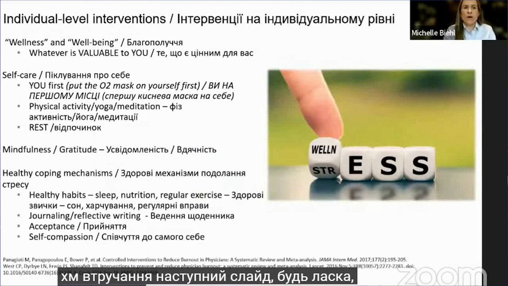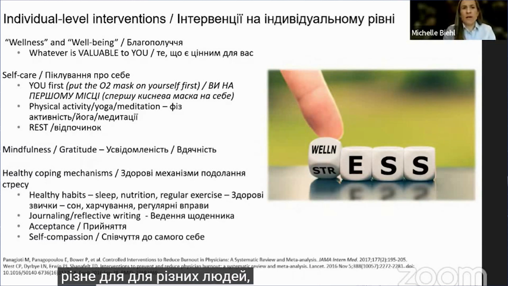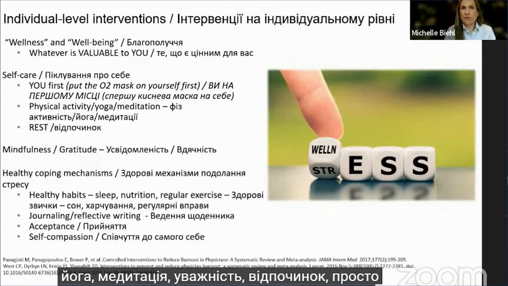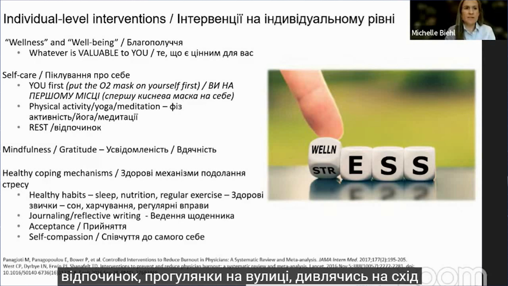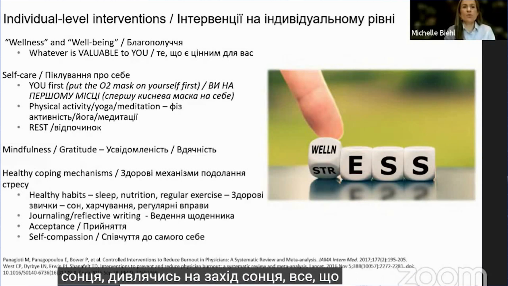So what is well-being for you? It's different for different people. It can mean physical activity, yoga, meditation, mindfulness, resting, just purely resting, walking outside, seeing the sunrise, seeing the sunset, whatever is valuable to you.